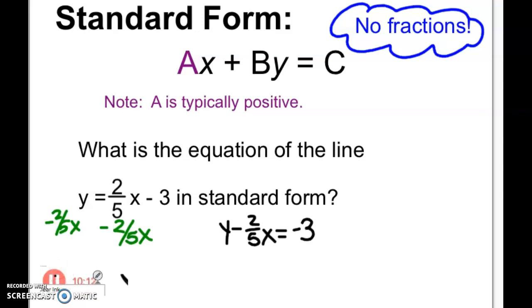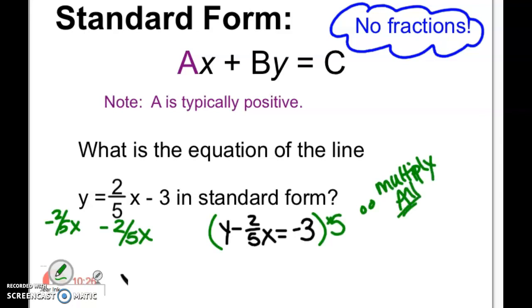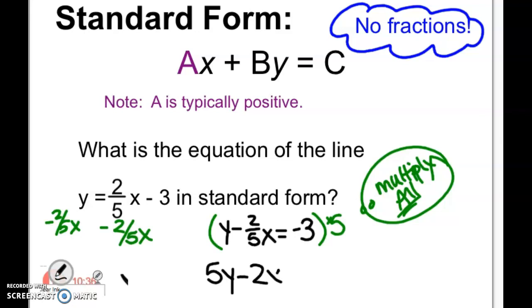Be careful with your positive and negatives. And then if you multiply everything by 5, make sure that you multiply them all, not just one or the other. So you get 5y. 2/5 times 5 is 2. So that gets rid of the denominator. And then -3 times 5 is -15.